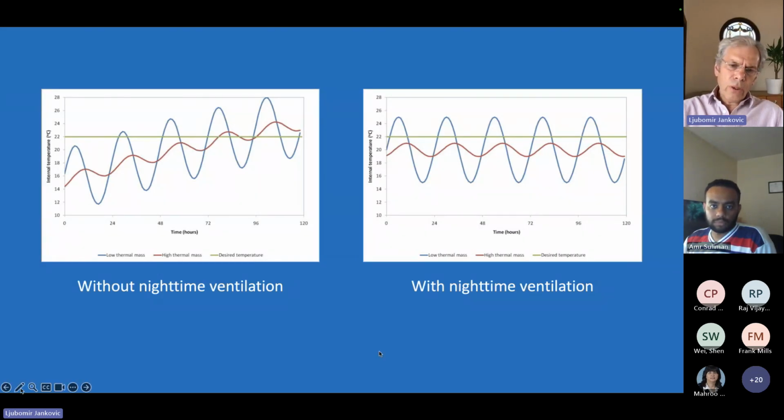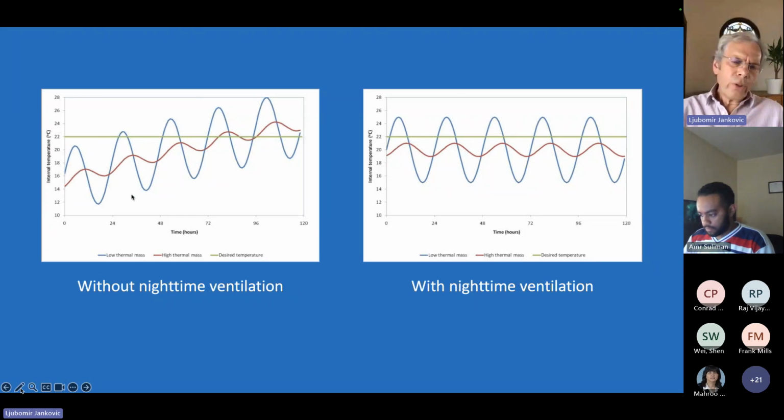We have two different scenarios here: without nighttime ventilation and with nighttime ventilation. And we have a conceptual example of low thermal mass represented by the blue line, and high thermal mass represented by the red line. And the green line is a trigger point for air conditioning.